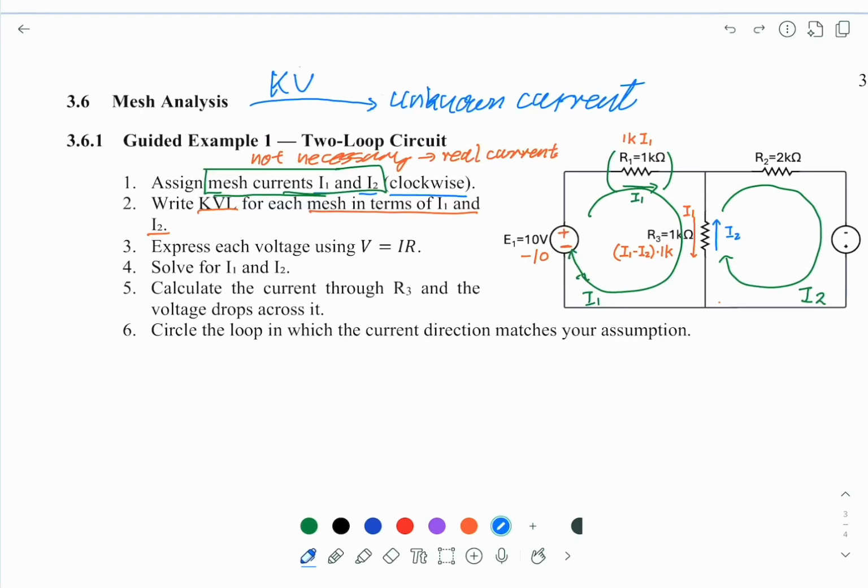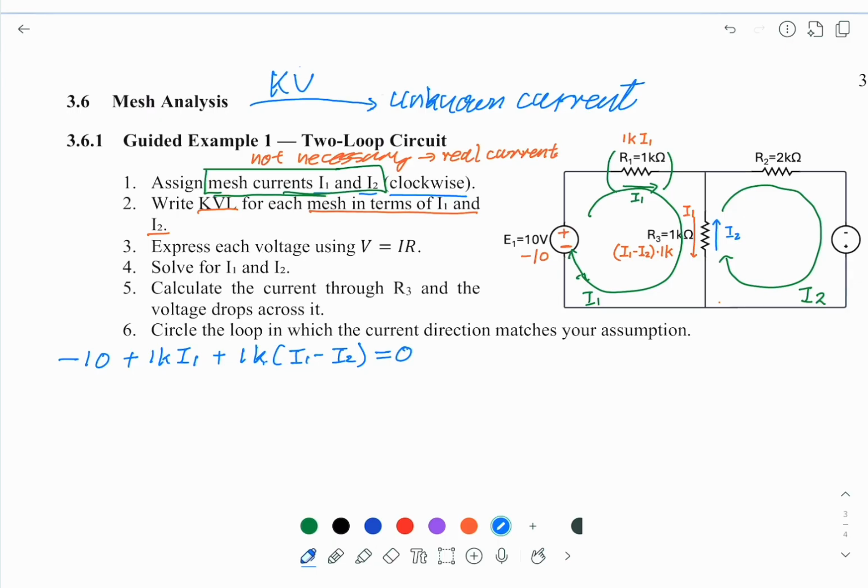The first equation, on the left side of the loop or mesh, is minus 10 plus 1k I1 plus 1k (I1 minus I2) equals 0. Again, you can see I drop the unit, but I make sure I keep the prefix. It means k, in this case, is the prefix, meaning 10 to the power 3.